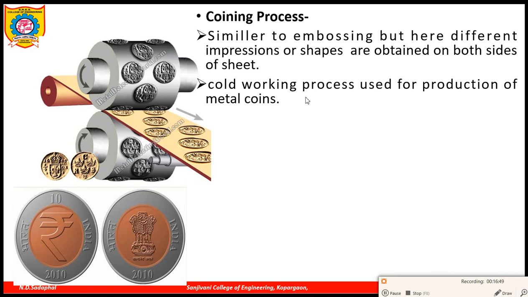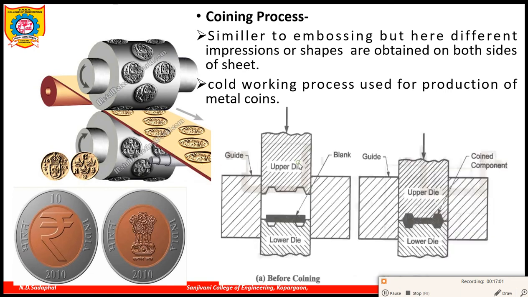Here there is no heating of the workpiece, so the force or pressure required is more in the case of coining, because a force is applied on both sides. It is called cold working because there is no heating in coining as well as embossing.